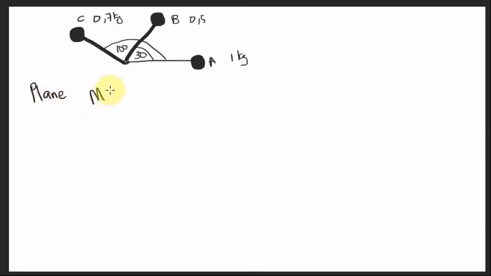So we're going to have plane. This is the mass in kilograms. Then we have R in millimeters, which is the radius. Z in meters is the distance, since it's a single plane.